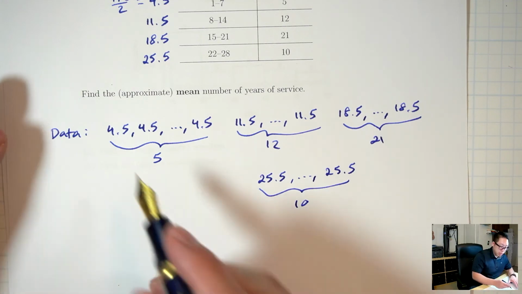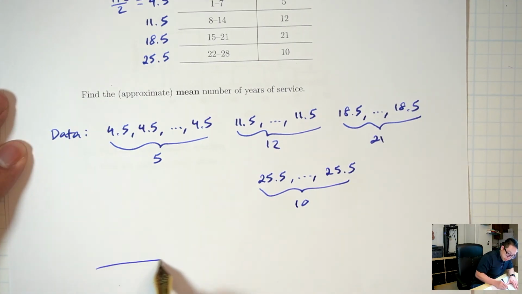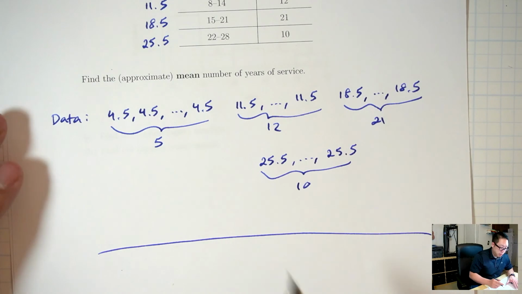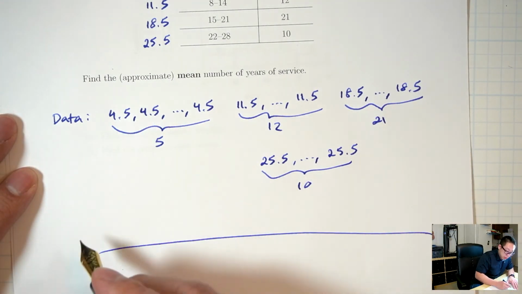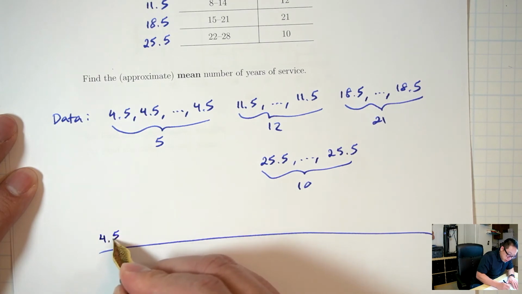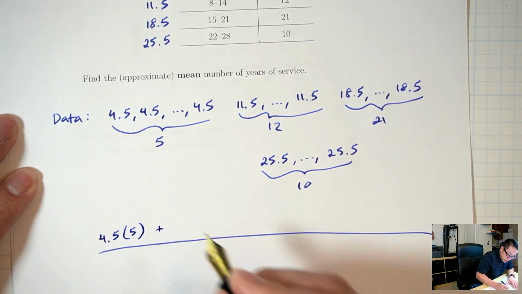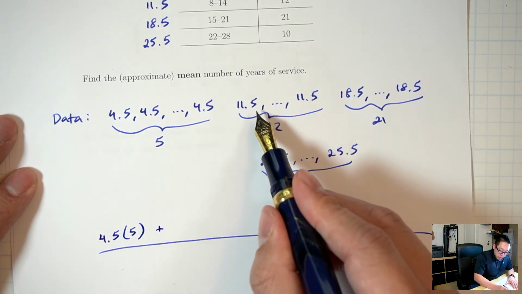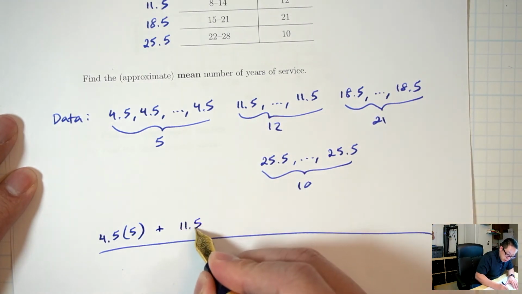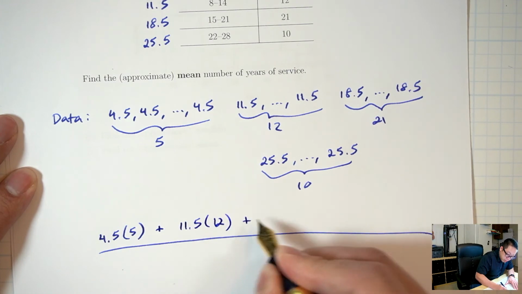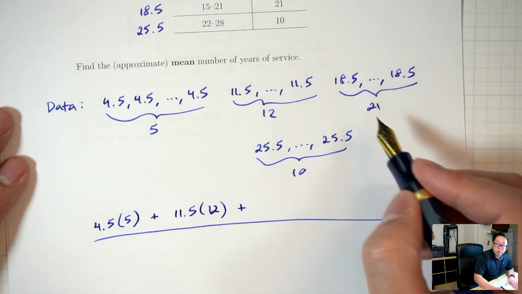So to find the mean, we're going to add up these. You can go 4.5 plus 4.5 plus 4.5 5 times, or that's the same thing as saying 4.5 times 5. 11.5, 12 times. That's going to be 11.5 times 12. 18.5, 21 times.